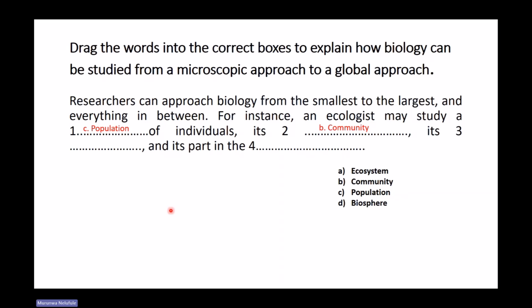And number three is ecosystem. Let's see if it's correct. Yes, A, ecosystem, and the last one obviously should be biosphere. Well done, guys. Did most of them get them right in the chat box? Let me check. C, B, A, and D. Yes, most of you got it correct. Well done, guys.